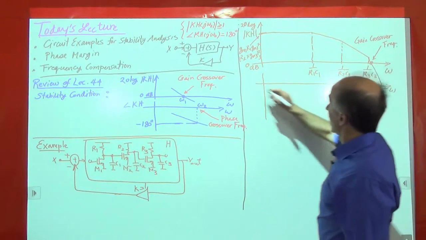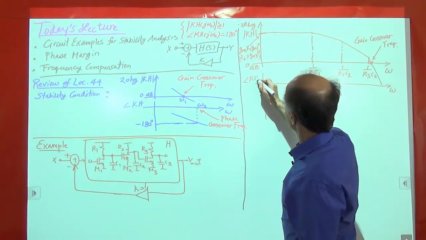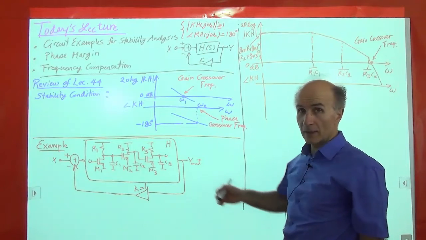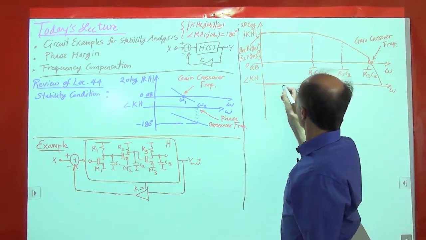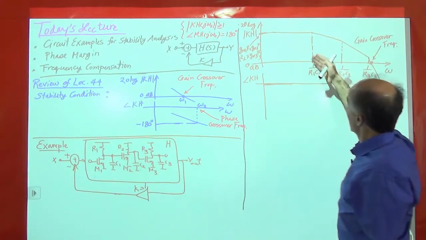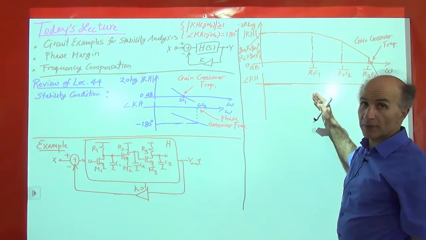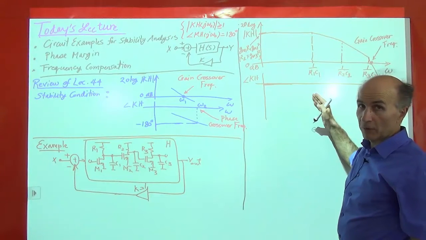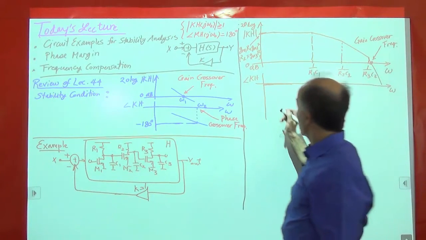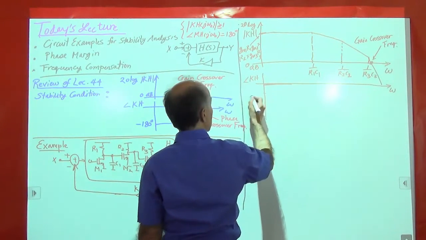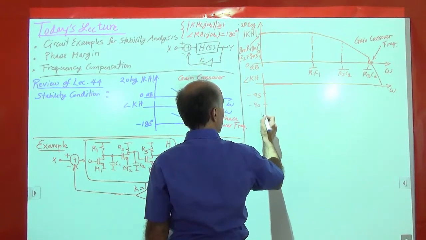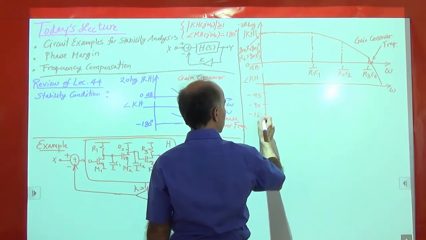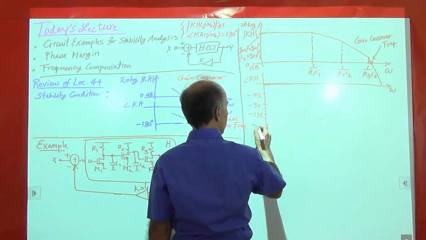So the angle of KH at very low frequencies, the capacitors are open, there's no phase shift, so we have 0. And Bode says, right at the first pole frequency, we have a contribution of minus 45. So let's just mark these on this axis: minus 45, minus 90, minus 135, minus 180.